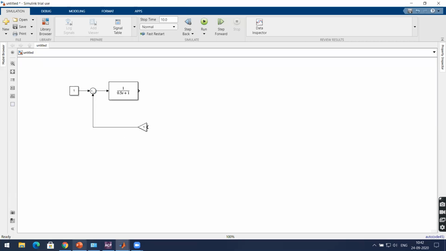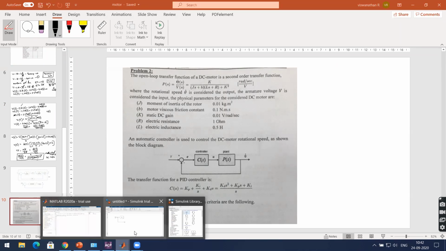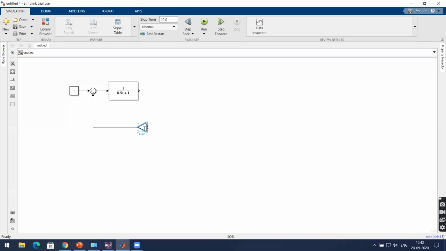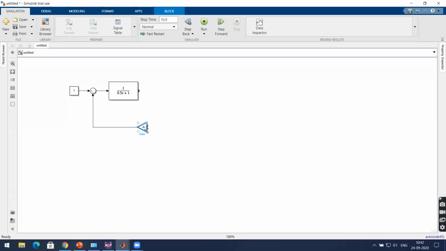Say suppose what is the K value that we'll look at? It is a static DC gain. Okay, that is K. Okay, so 0.01. 0.01 is the K value here. So 0.01.